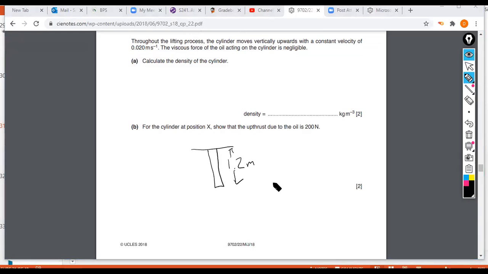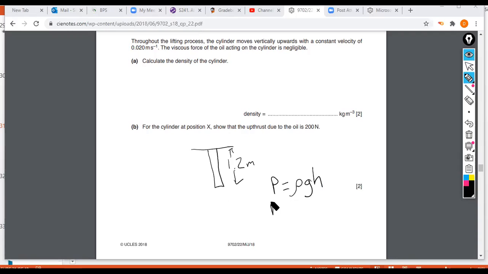But remember, we're looking at the idea here that pressure in a fluid is equal to the density times the acceleration due to gravity times the height. So it's this delta h that accounts for the upthrust, that there is a difference in pressure from the top side to the bottom because 1.2 meters lower, the pressure is higher. So there are more collisions between the oil particles crashing into the wall and bouncing off than up here, and that means there's going to be a net force acting up.